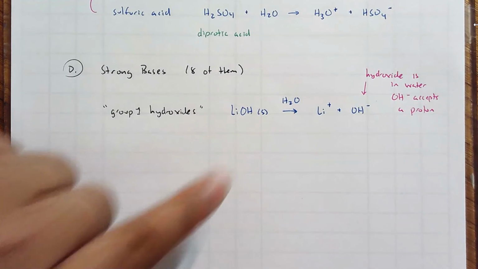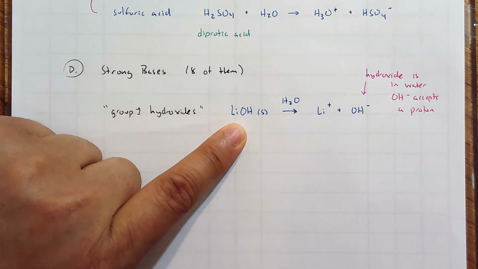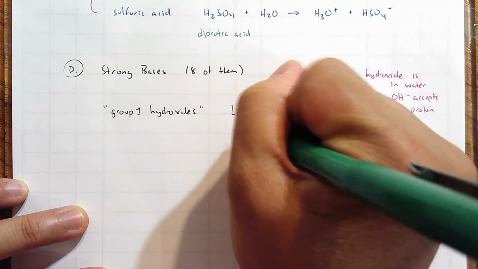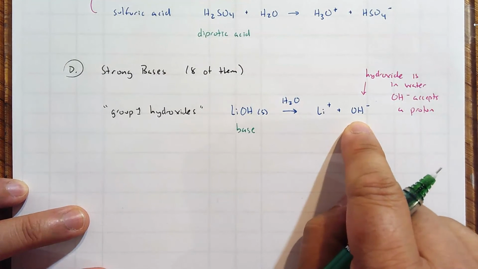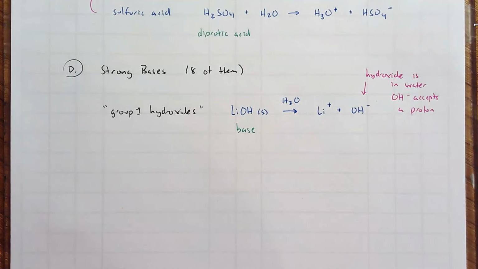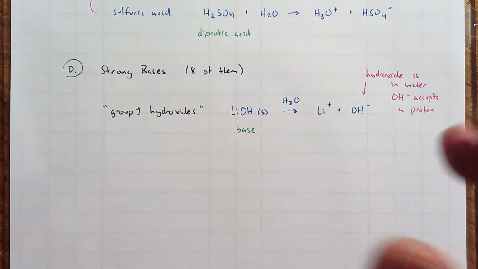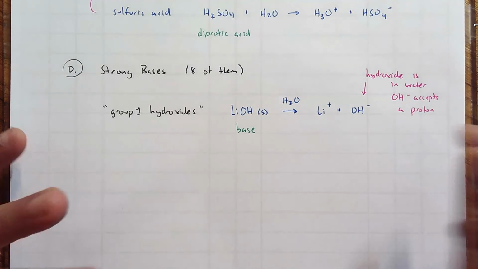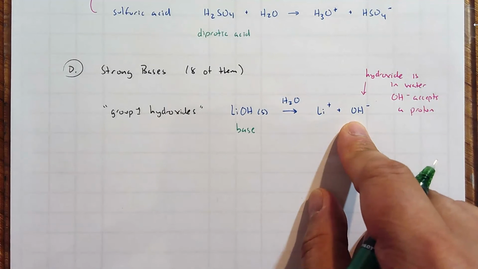That still doesn't negate that this is the base. This is also the base, even though this is the species that's accepting the proton. So you could think of it as a base is a substance that creates a substance that accepts a proton.